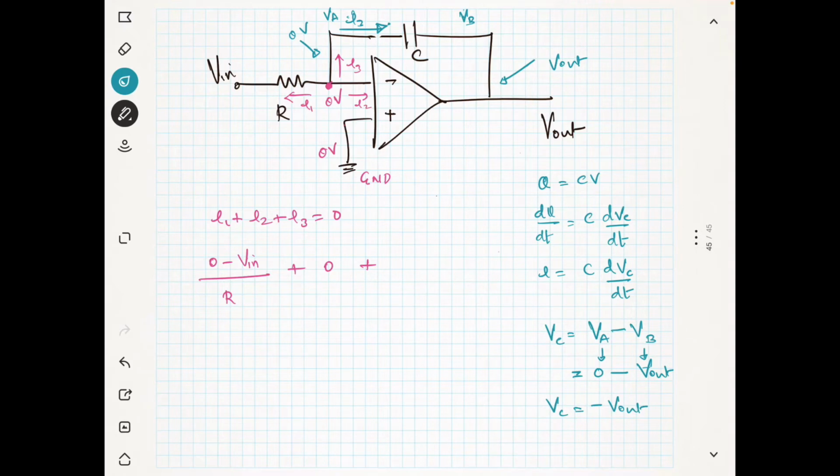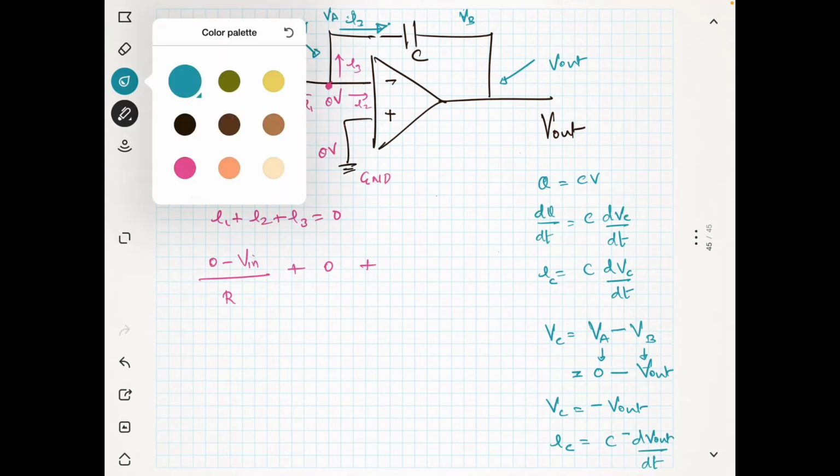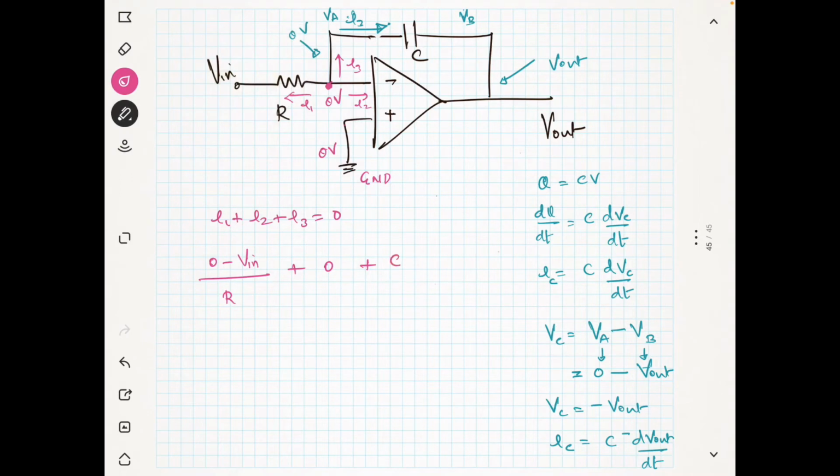So what will be my I, or the IC, the current through the capacitor? So IC will be equal to C into minus dV out by dt. So this total is equal to 0.